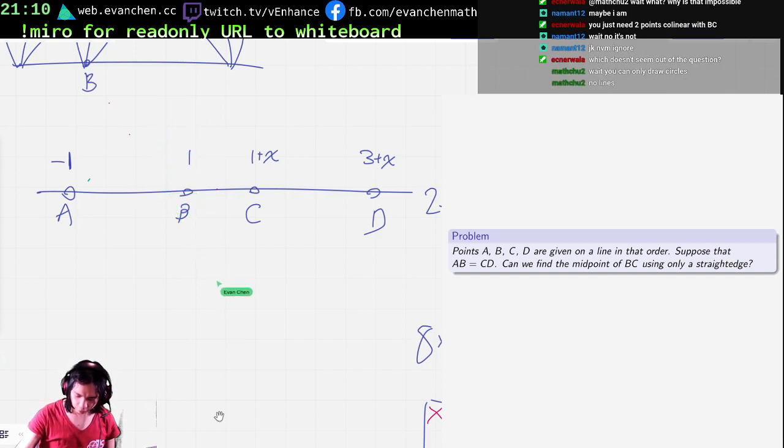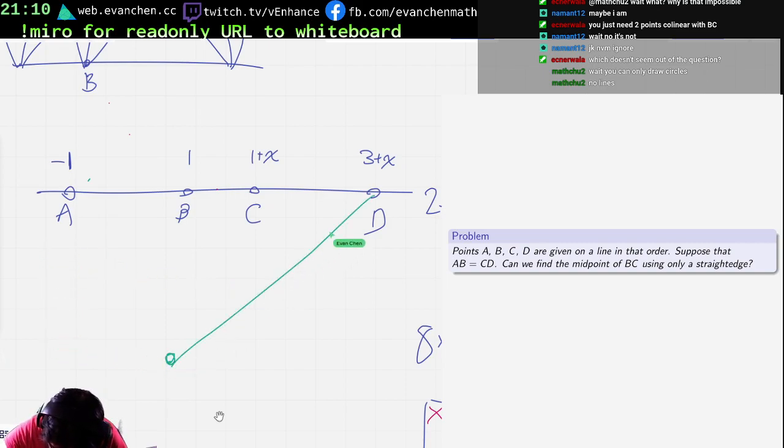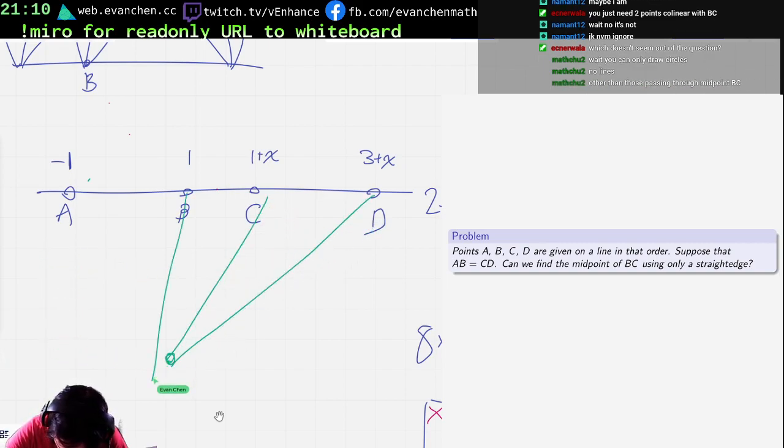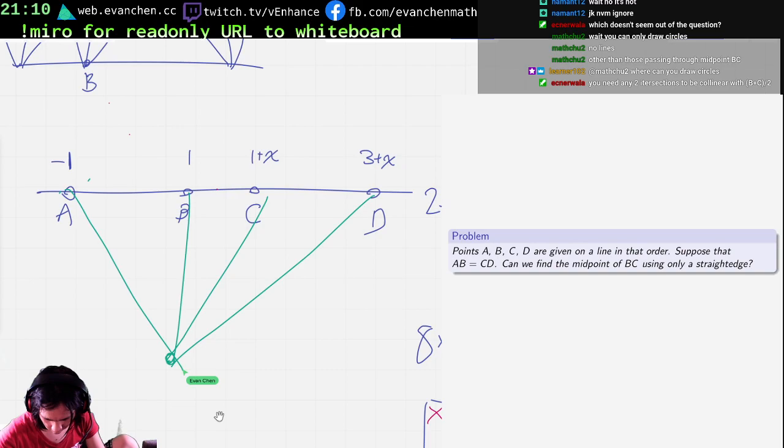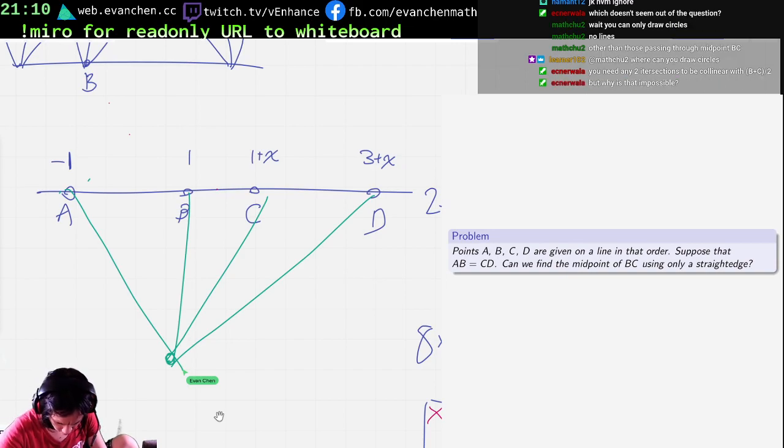Alright, I'm just gonna draw some stuff. Take a point not on it. What do I do with the fact that the segments are equal? Something is harmonic if that's the case, right? Or not. No, not harmonic.